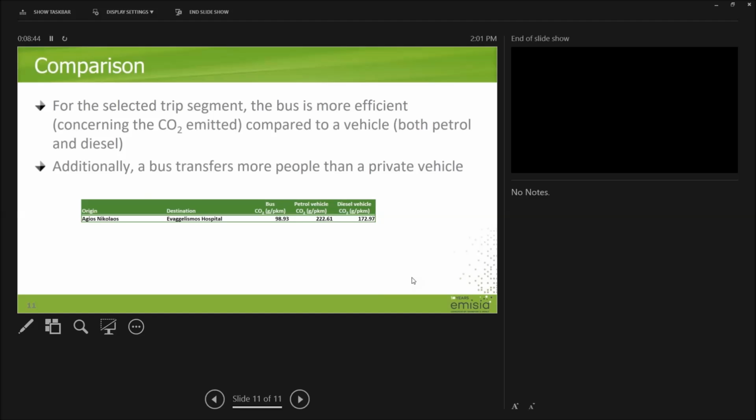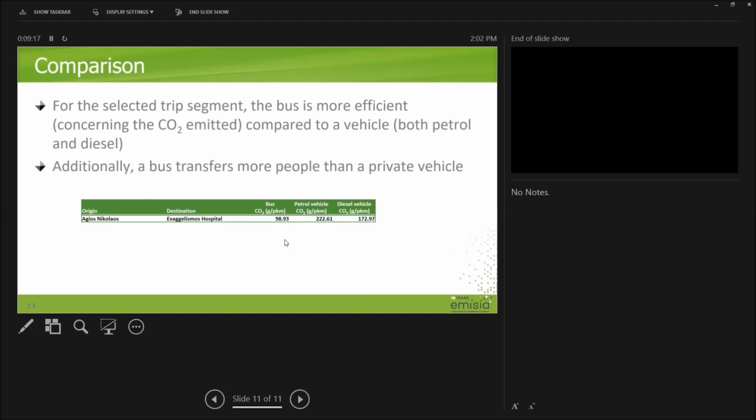So as you can see here, for this specific segment of the route, the bus emits approximately 100 grams per passenger kilometer, whereas the vehicles, whether it is a petrol vehicle or a diesel vehicle, emit much more than that. And the reason is that the bus transfers more people than a private vehicle. So that's why it's better to use public means of transport instead of our private vehicles.